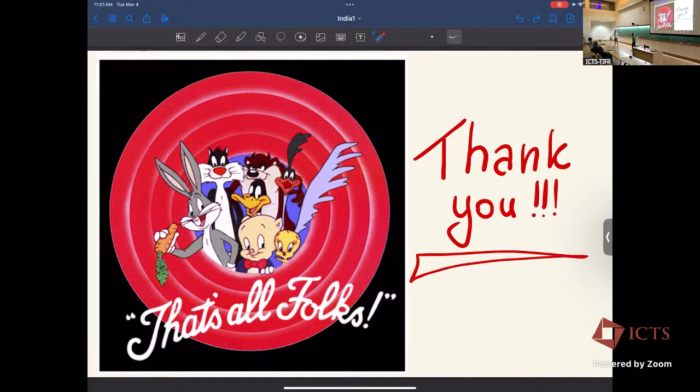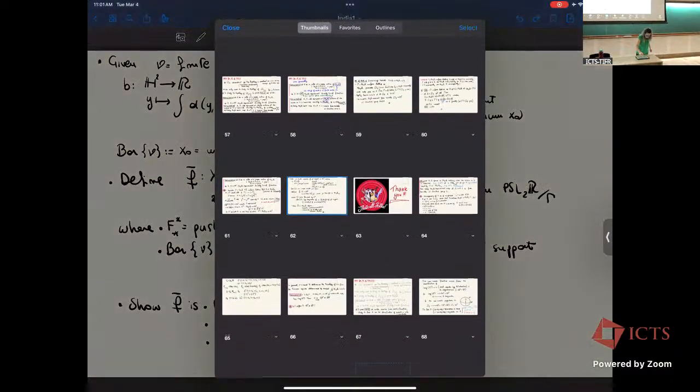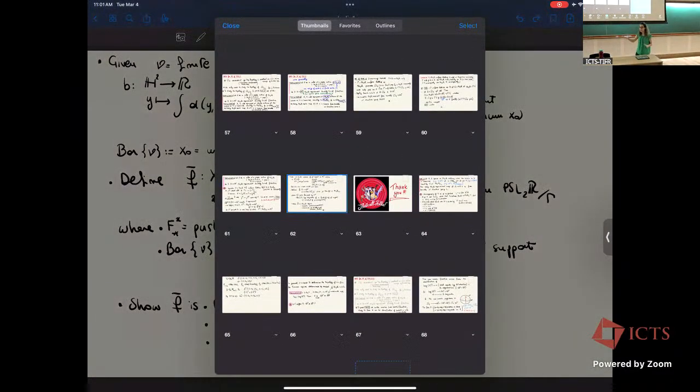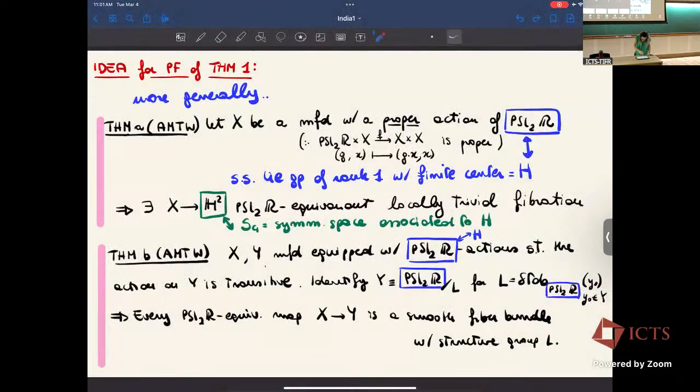Maybe Subhojoy, yeah. Capital X was always this PSL2R mod gamma, or what is it? X for us was a domain of discontinuity. This theorem is just for a general X. This last proof that I was giving is in this general setting where X is just a manifold with a proper action of PSL2R.